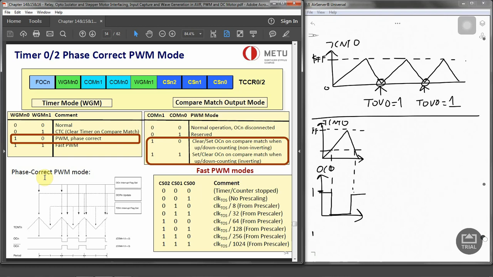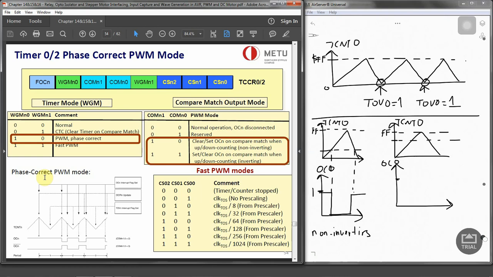So this is non-inverting. And with the inverting, CNT0 FF, so another triangle-like shape, OC0. So when we have got OCR somewhere here, when it is counting up, it will set.